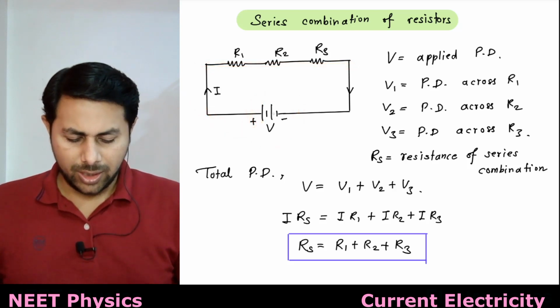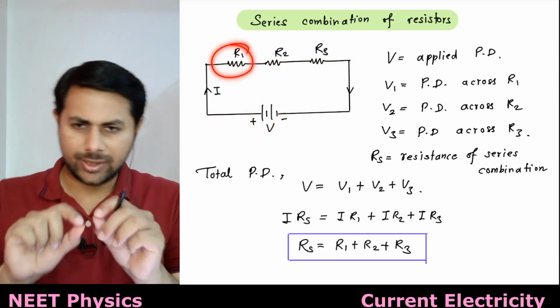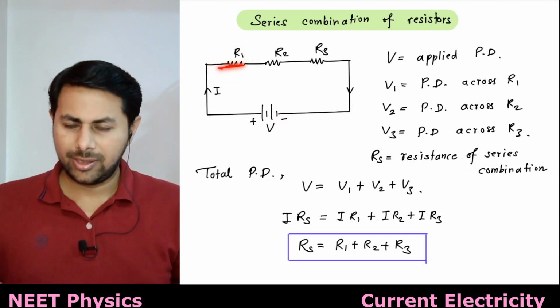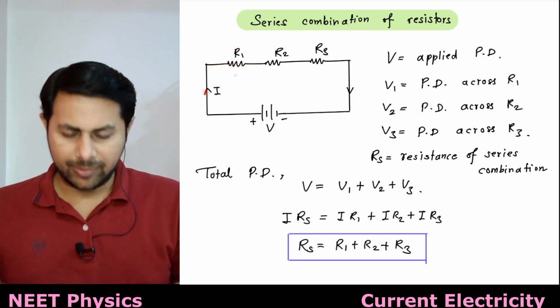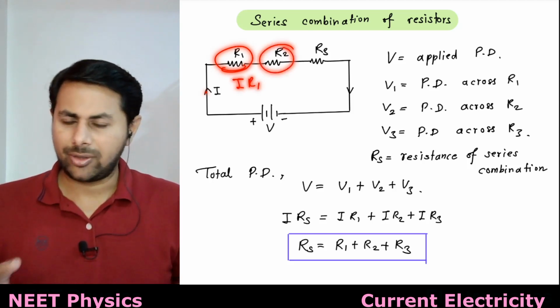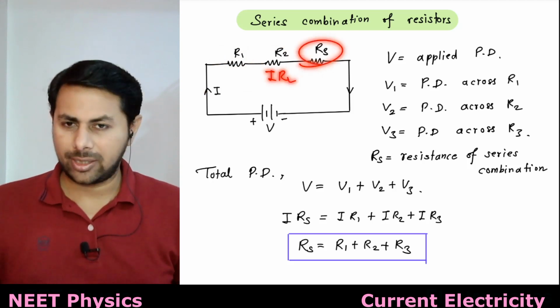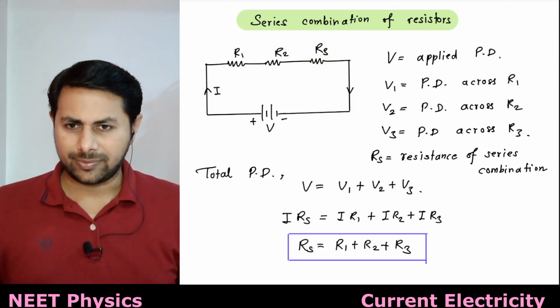The applied potential difference is V. What would be the potential difference across the first one? It will be current multiplied by the resistance, I times R1. Across the second one it is I times R2, across the third one, I times R3.